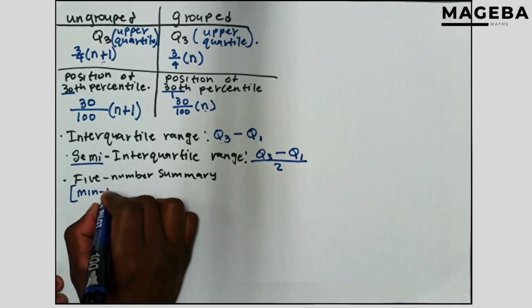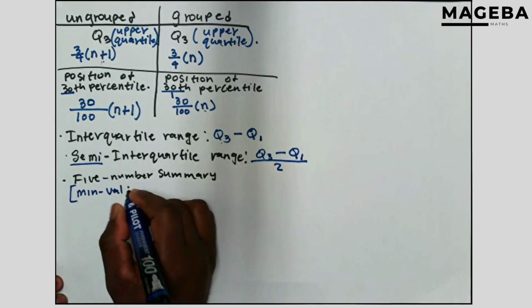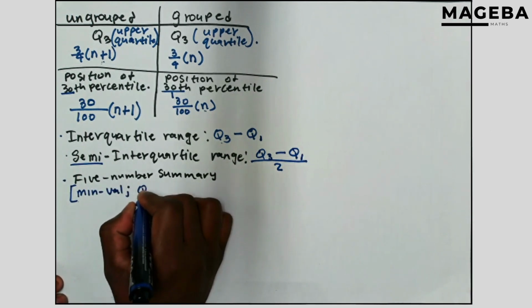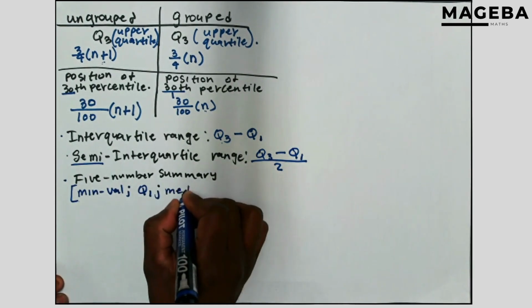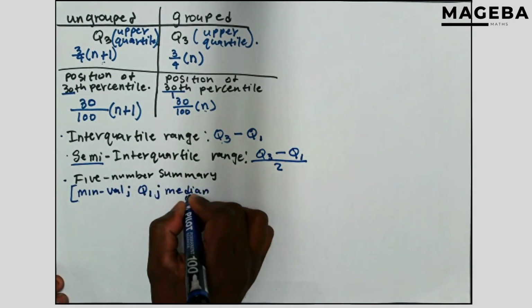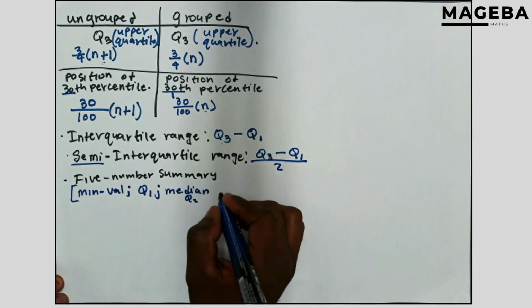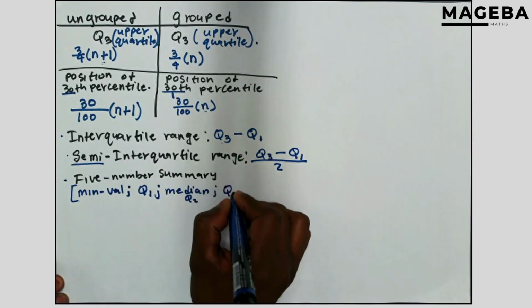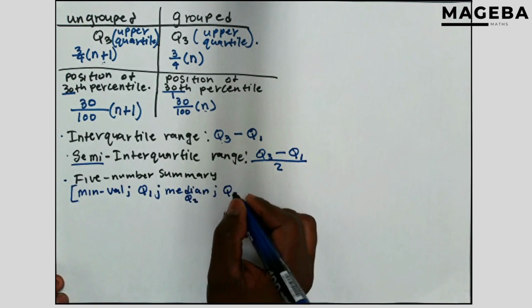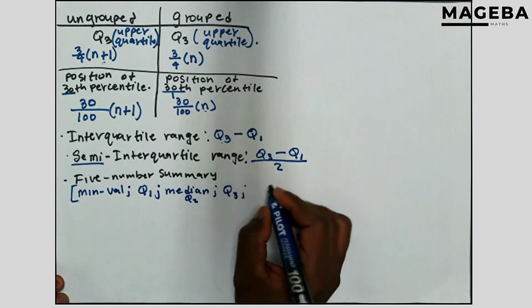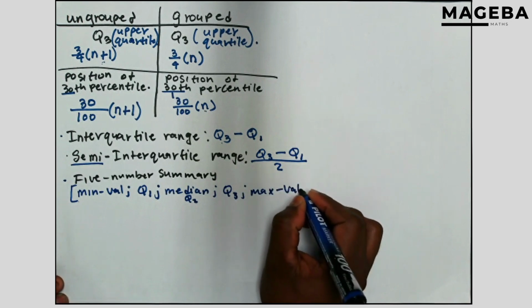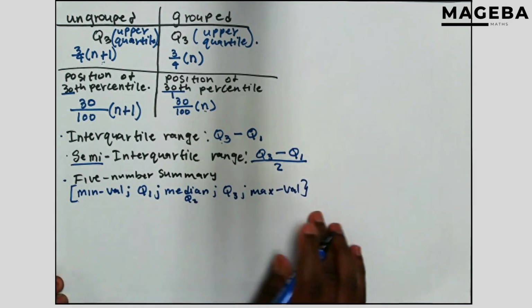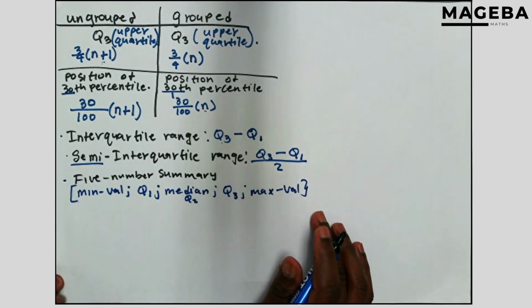They are the minimum value, Q1, the median, which is Q2, and also Q3, and the maximum value.